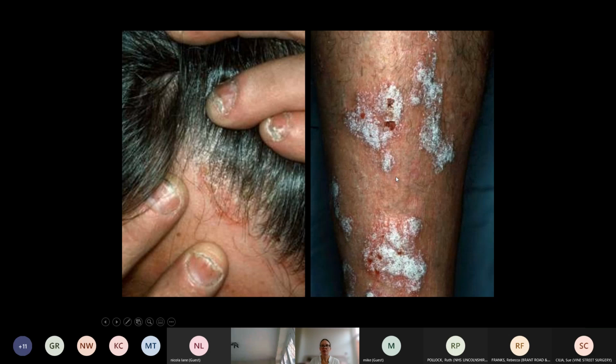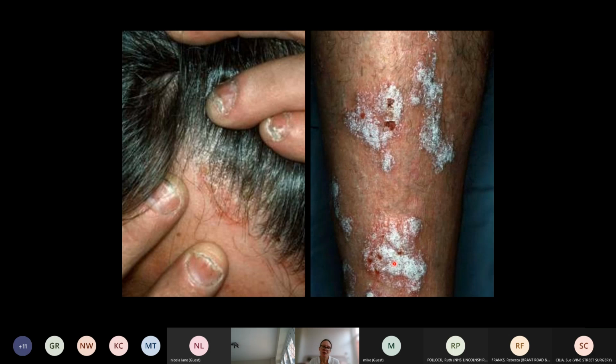The other picture, the one on the right, that's another picture of psoriasis, and that's extremely scaly. And psoriasis tends to be much more scaly than eczema, and you can see there's so much white scale on the skin, particularly here.